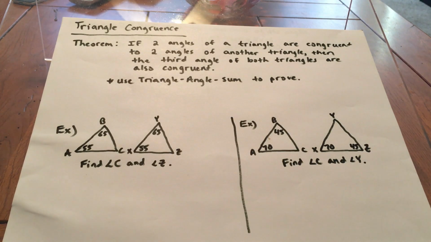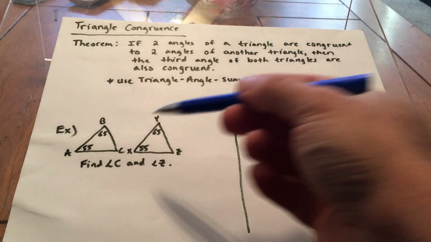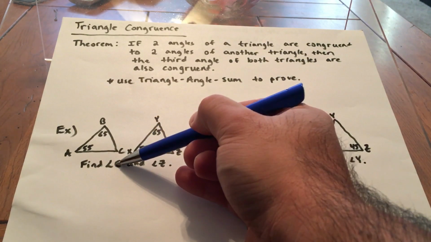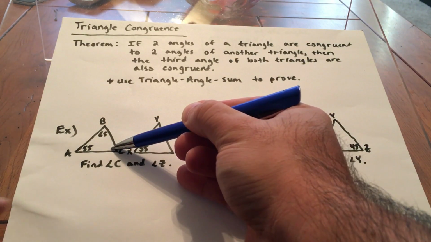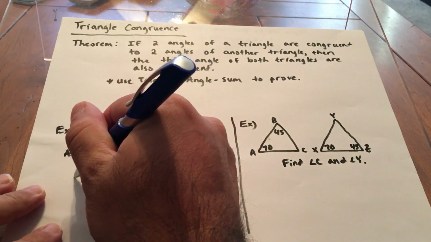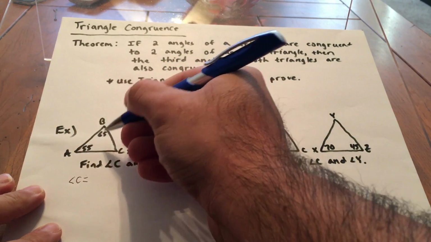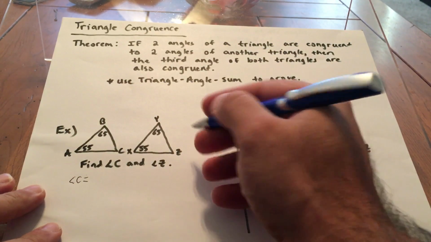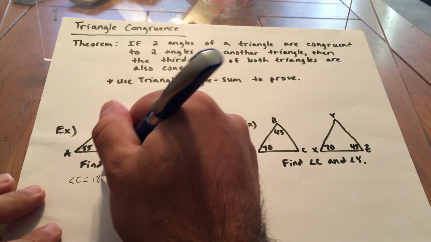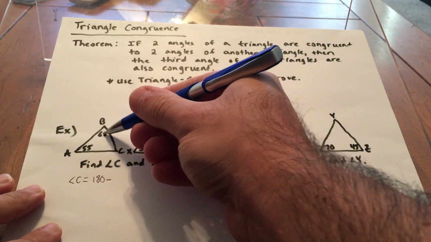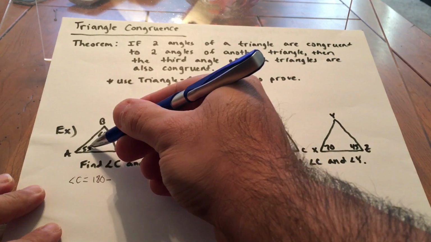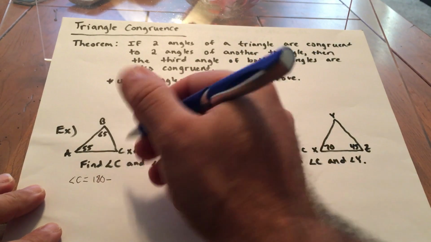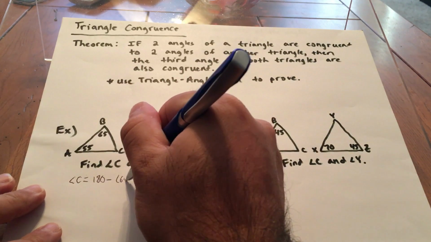If I want to find angle C, I need to use the triangle angle sum theorem, right? If all these angles add up to 180, then I can take 180 and subtract off the sum of these two angles, and that gives me the measure of the third angle.